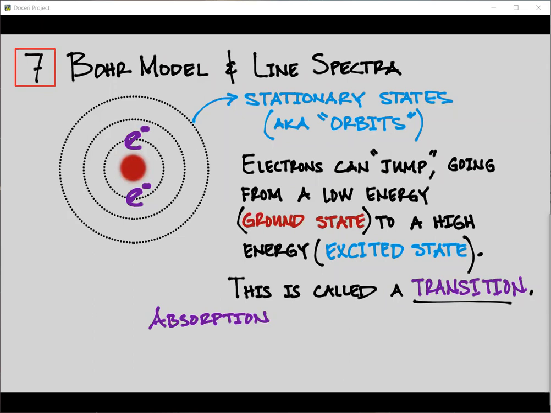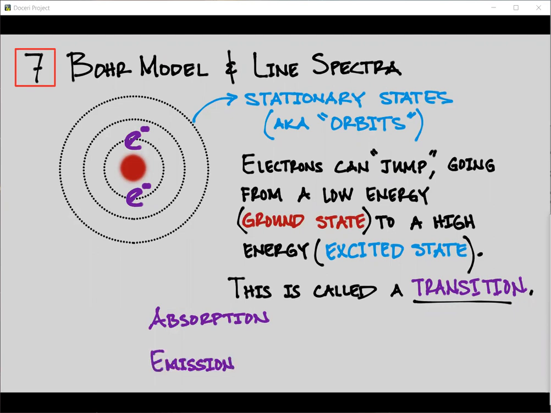They use this energy to jump to a higher energy level. If you're at a low energy, the only way that these electrons can go to a higher energy level is to absorb an external source of energy. So they call this an absorption.